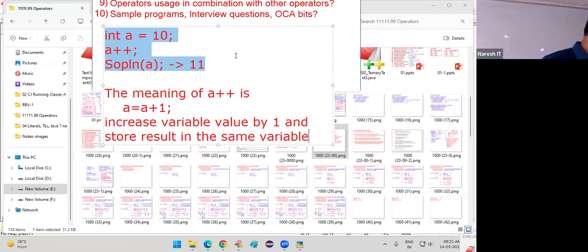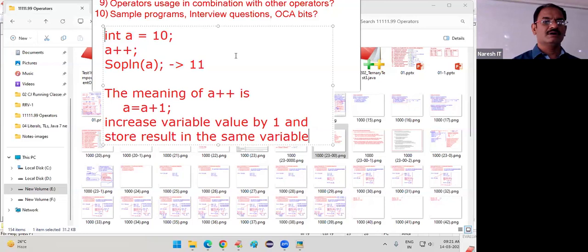For example, tell me, int b equals 10. b minus minus, then System.out.println(b). What is the value? 9. The meaning of b minus minus is b equal to b minus 1.